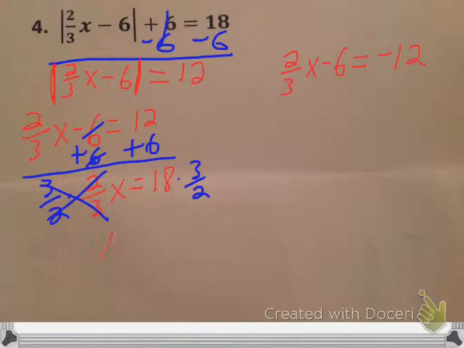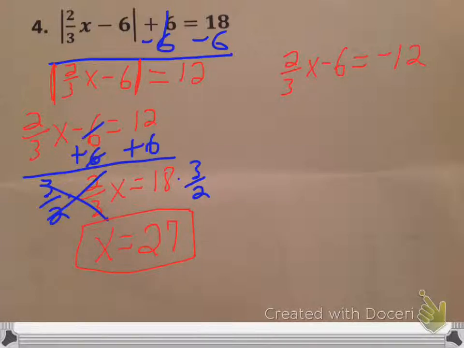That leaves us with x equals, and 3 times 18 is going to be 54. Since there's not a denominator, that would be 1, so 1 times 2 would be 2, so 54 over 2, and that reduces down to 27. So x equals 27 for this one.